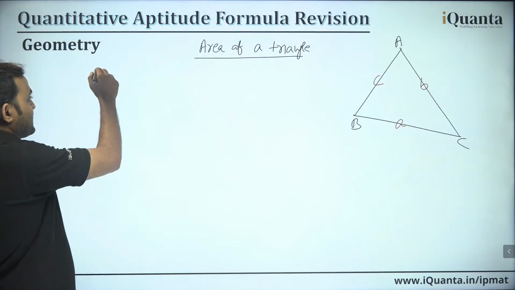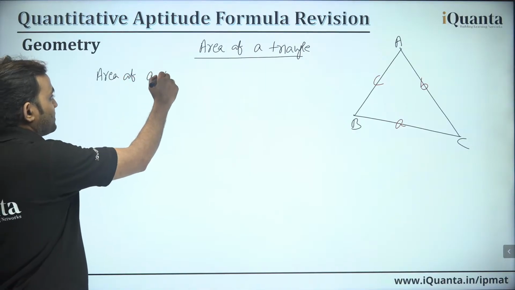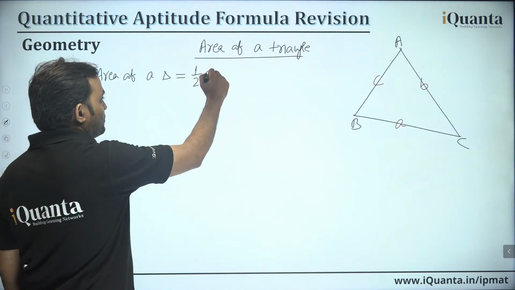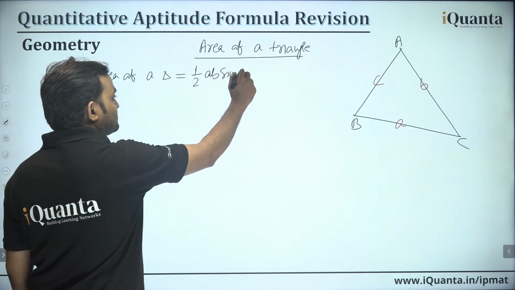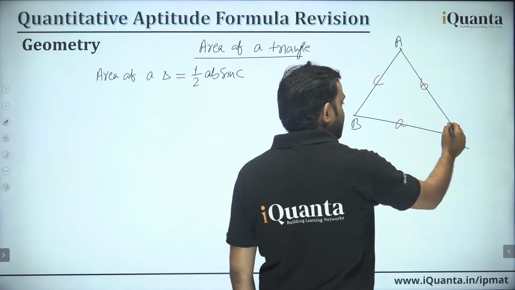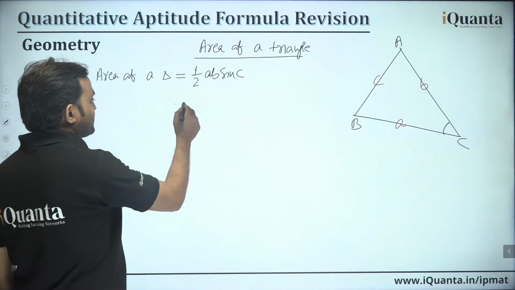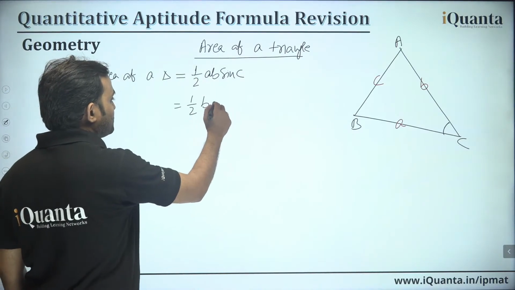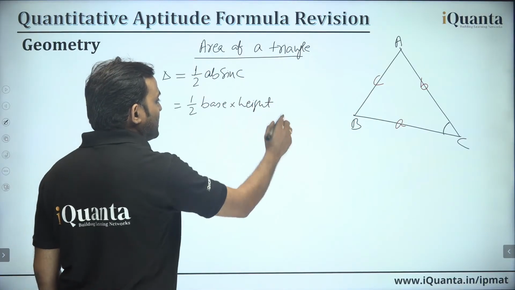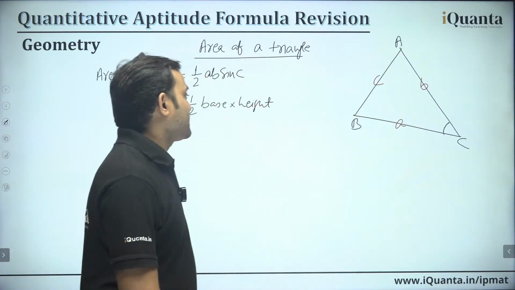What we can say, area of a triangle is equal to half into ab sin C. This you can use, half into ab and this angle C, so sine of C. Okay, then we can say half into base into height. Whatever base you are taking, corresponding to that you will have to take the height.